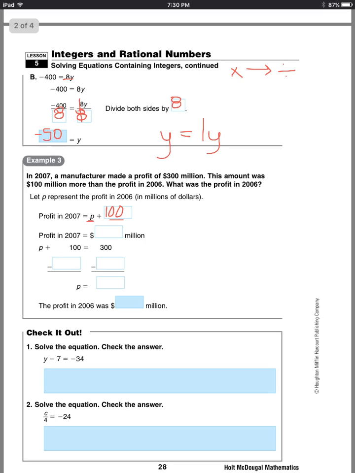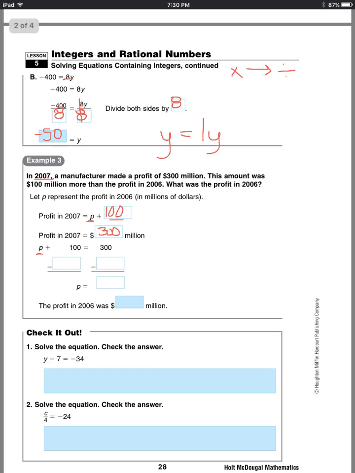Because it told us that the amount of the 2007 profit was 100 million more than 2006. But it also tells us that the profit in 2007 was 300 million. So we know that the profit of 2006 plus 100 equals 300.